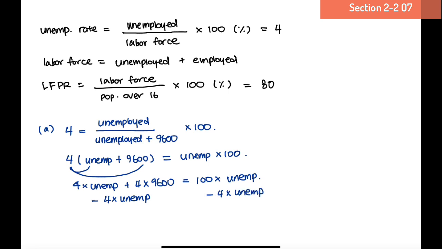Then we have 4 times 9,600 left on the left-hand side, equaling 96 times unemployed. Divide both sides by 96.